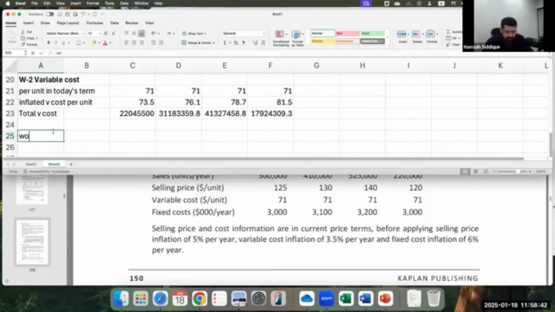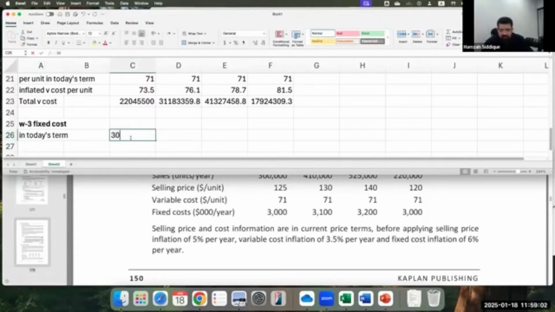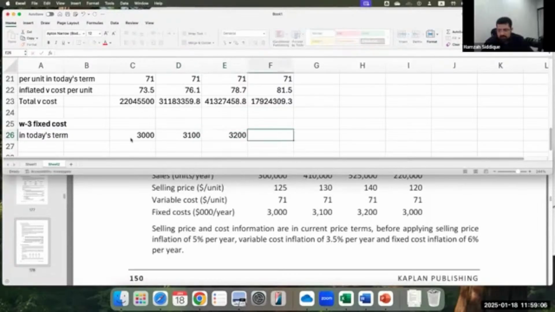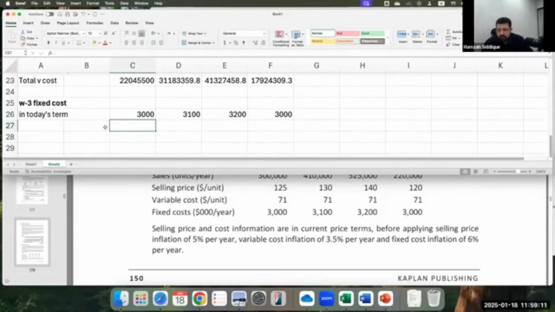So Working 3: fixed cost in today's terms, that is 3,000, 3,100, 3,200, and 3,000. 6% inflation.